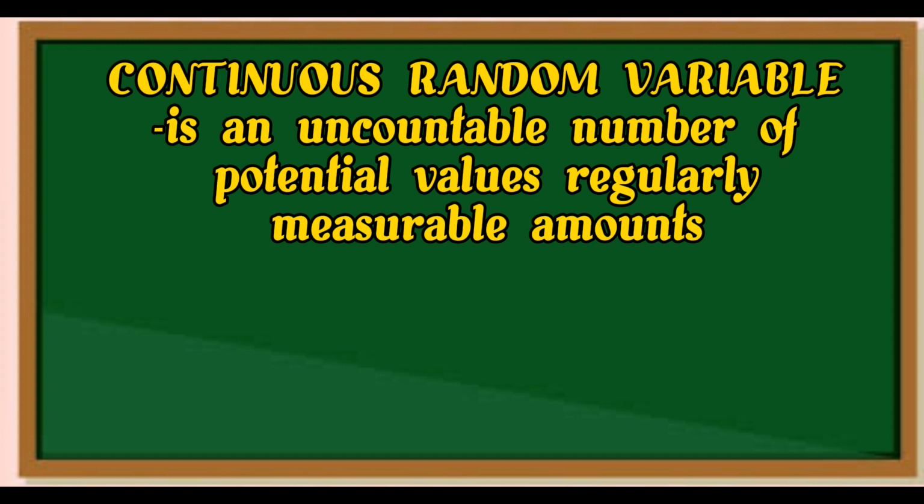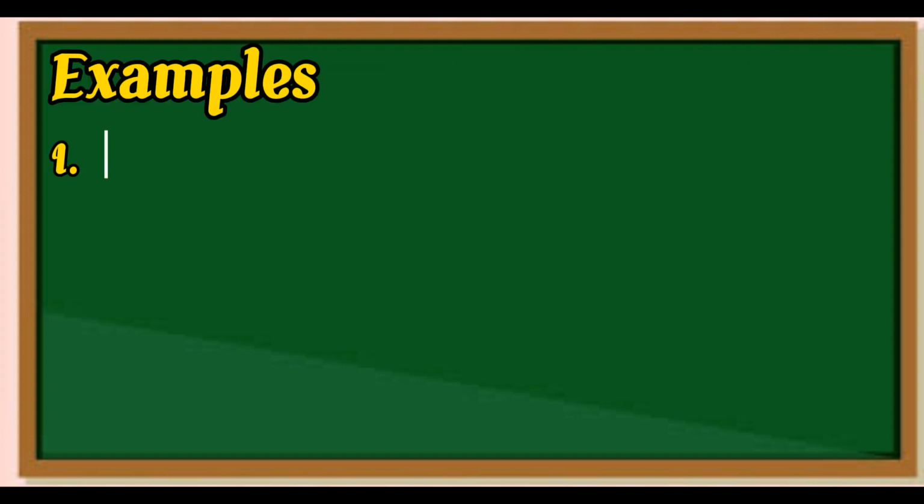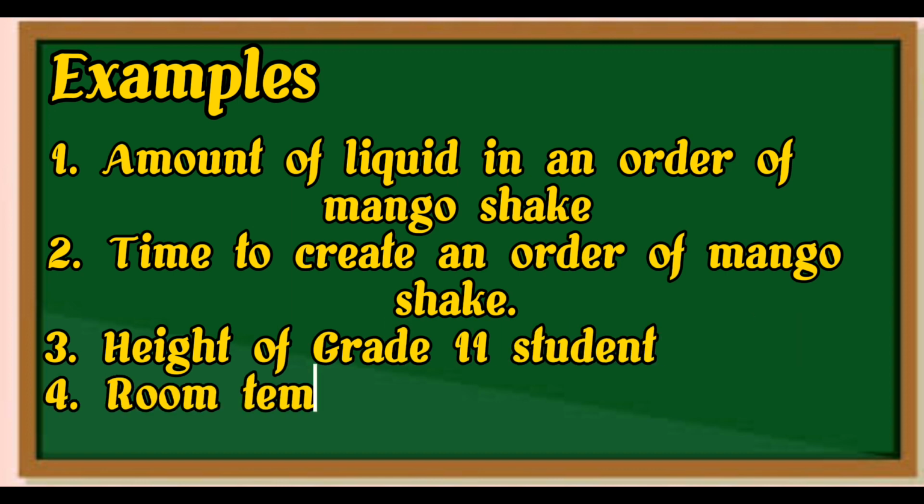So, let's recall. We identified the following examples of continuous random variable. First, the amount of liquid in an order of mango shake. Second, the time to create an order of mango shake. Third, the height of a grade 11 student. Fourth, the room temperature.